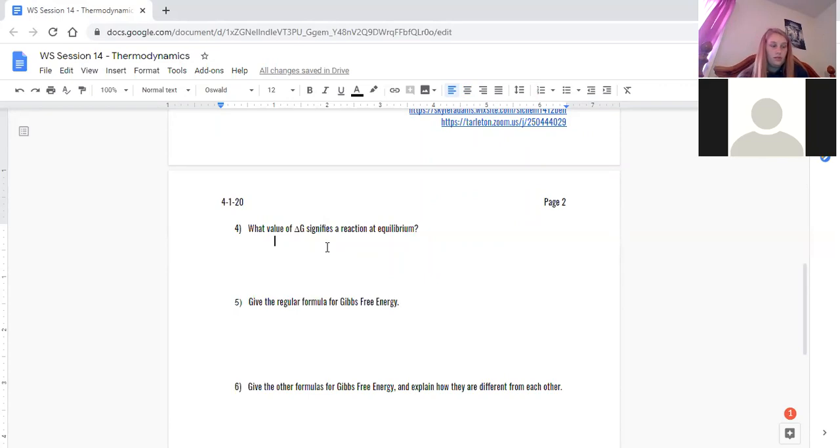So if delta G equals 0, the reaction is at equilibrium.